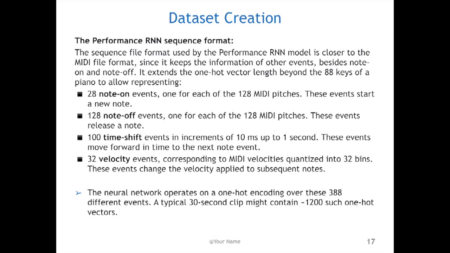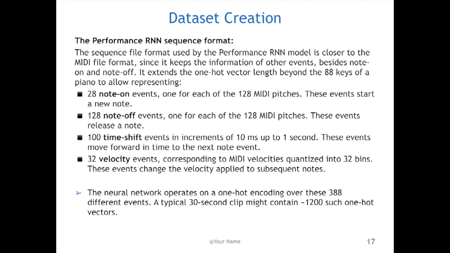The Performance RNN sequence format. The sequence file format used by the Performance RNN model is closer to the MIDI file format, since it keeps the information of other events besides the note on and note off.